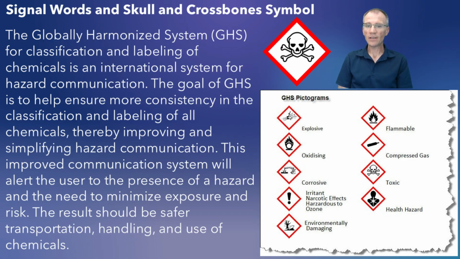The goal of GHS is to help ensure more consistency in the classification and labeling of all chemicals, thereby improving and simplifying hazard communication. This improved communication system will alert the user to the presence of a hazard and the need to minimize exposure and risk. The result should be safer transportation, handling, and use of chemicals.